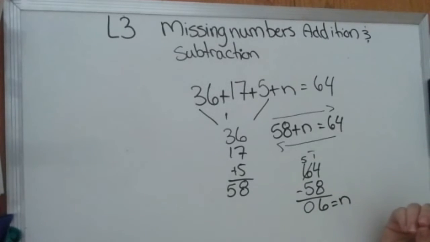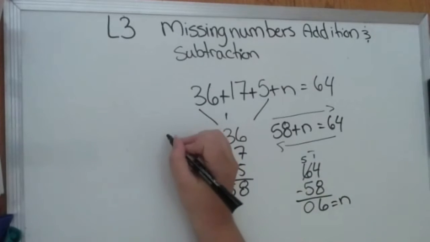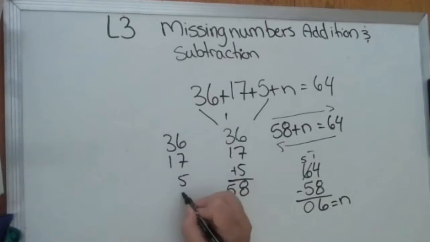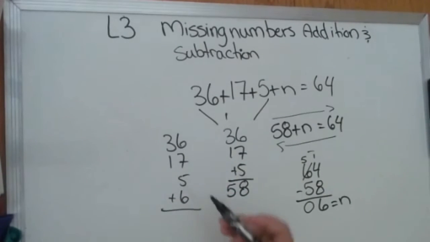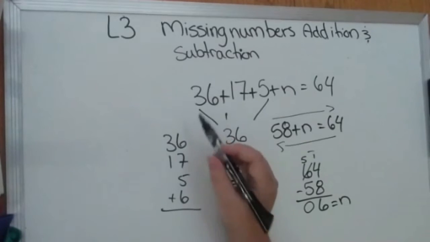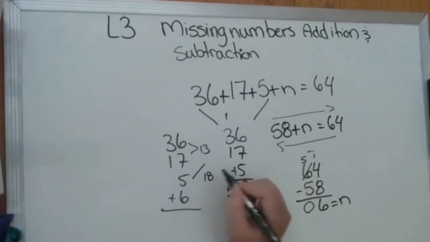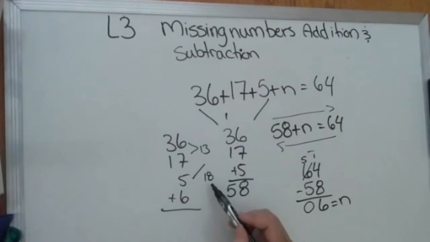And now let's check. Let's go back to over here and say, okay, if this works, 36 plus 17 plus 5 plus 6 should give me 64. Again, 6 and 7 is 13. 13 add 5 is 18. 18 add 6 is 24.